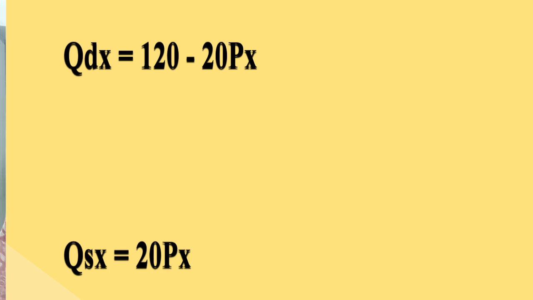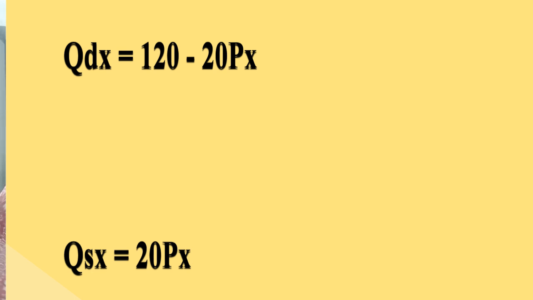The demand function is 120 minus 20Px because demand and price are inversely related. In the supply case, supply and price are positively related, so quantity supplied is equal to 20Px.